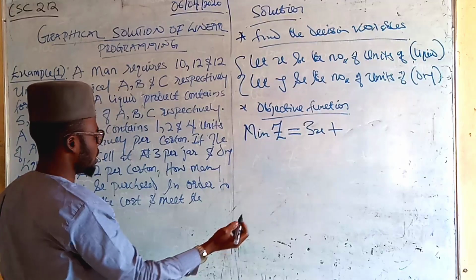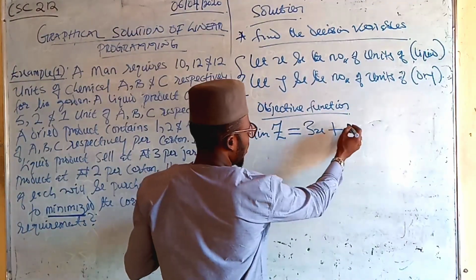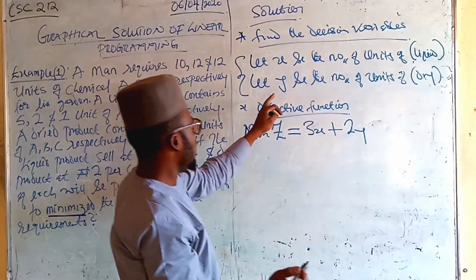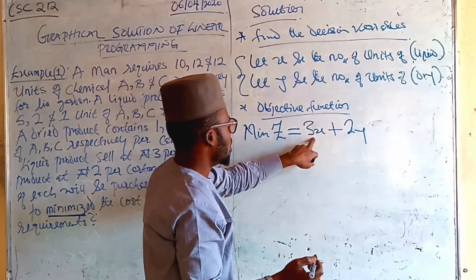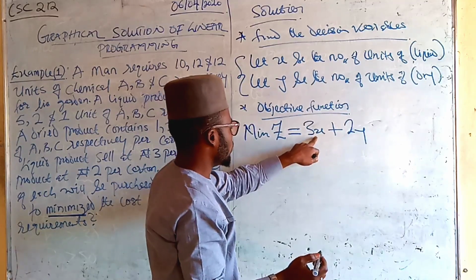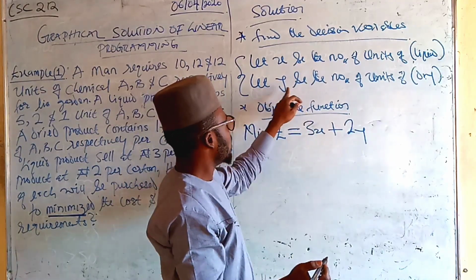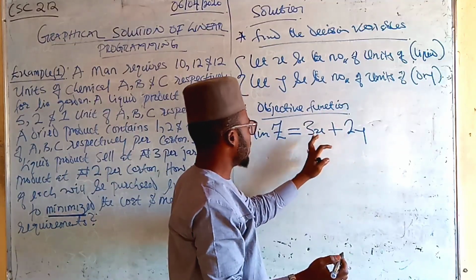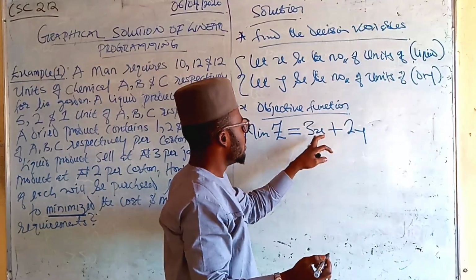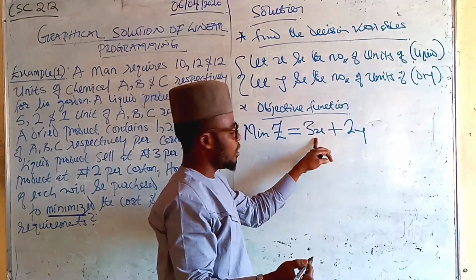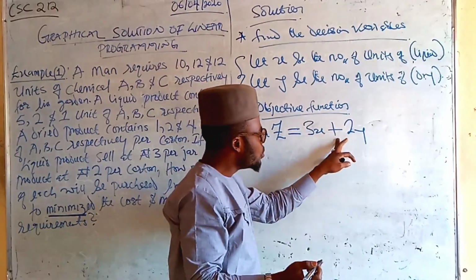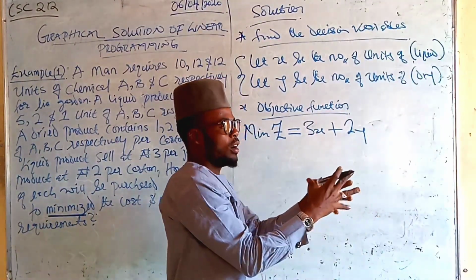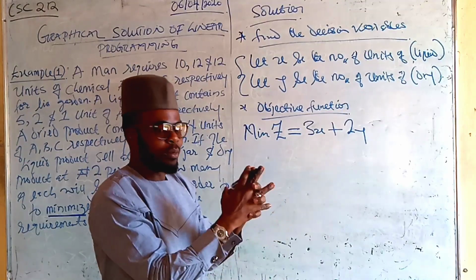So now we are going to say 3x plus 2y, because we have let X be the number of units of the liquid product, and Y be the number of units of the dry product. So when you add 3 units of the liquid product plus 2 units of the dry product, definitely you are going to have what is referred to as a chemical.